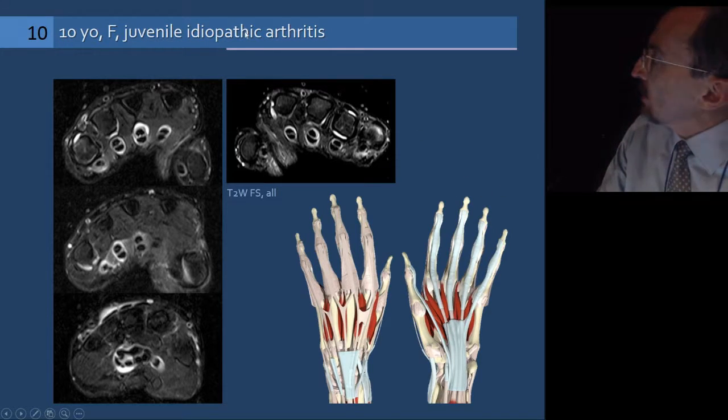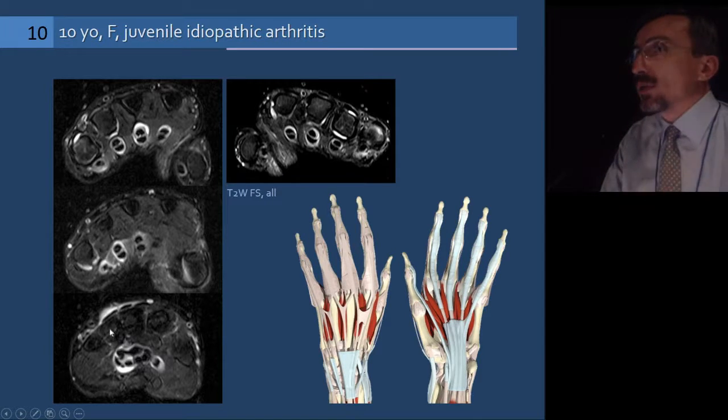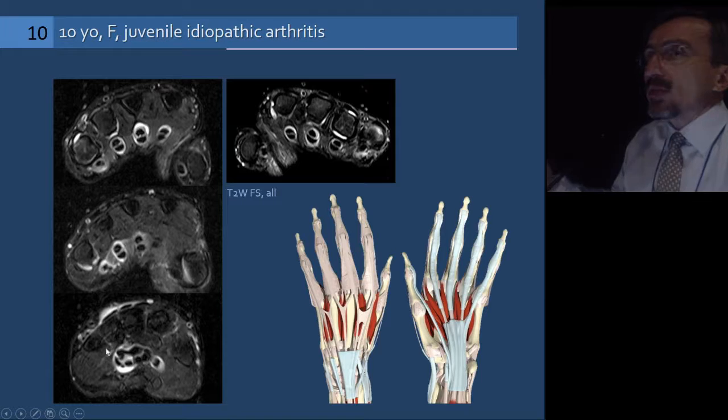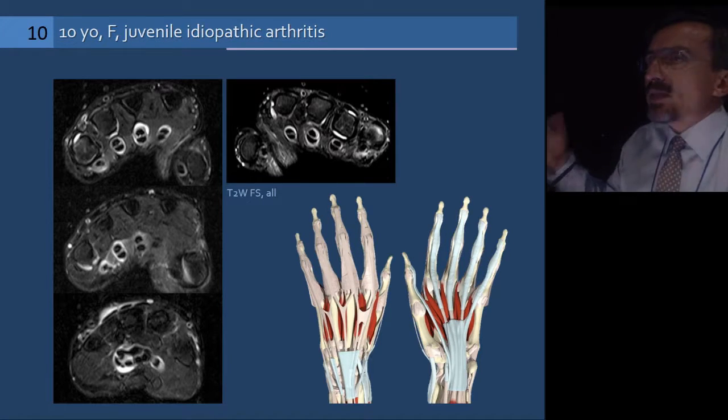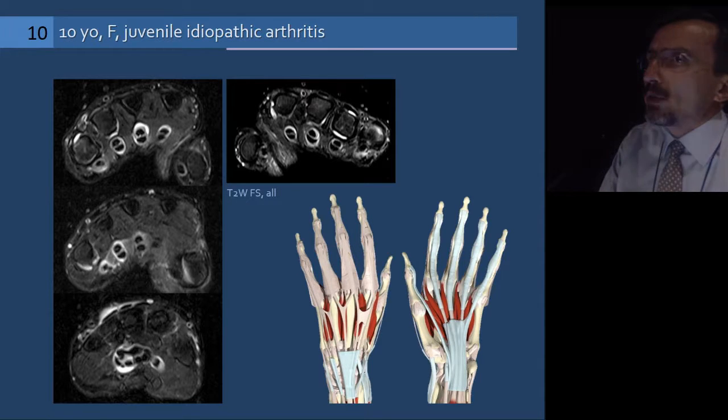Juvenile idiopathic arthritis is a condition whereby you can only have tenosynovitis in the hands. So it is not necessarily associated with the presence of erosions or even synovitis. When you see extensive tenosynovitis in a patient or scattered tenosynovitis, there is always the possibility of inflammatory arthritis, even if the joints look perfectly normal.